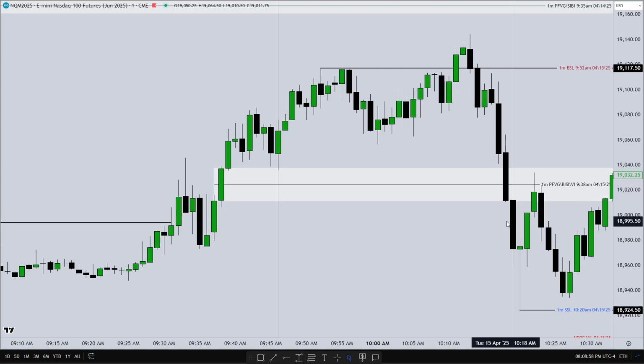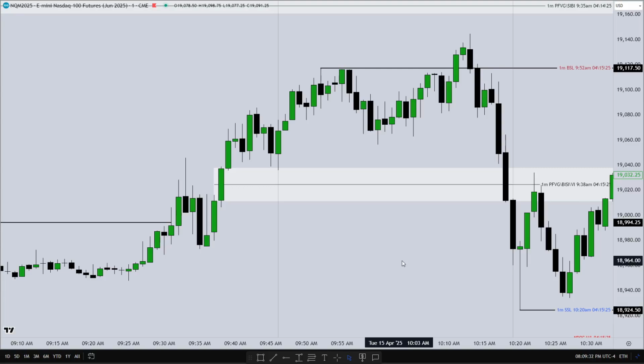If you really were astute about this, and this is just for logging purposes, there's a little gap in price where the market trades down and up, opens, and then trades up into the volume imbalance, which gives you from 19,010 to 18,924. So almost 100 handles, but about 80 to 90 handles.